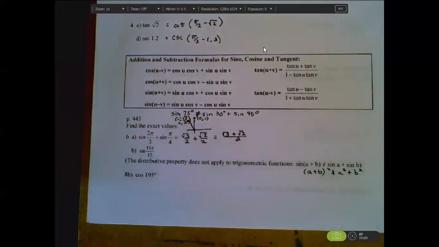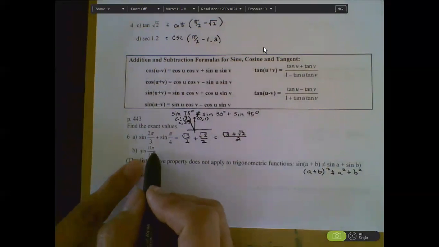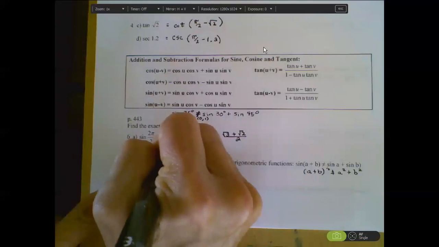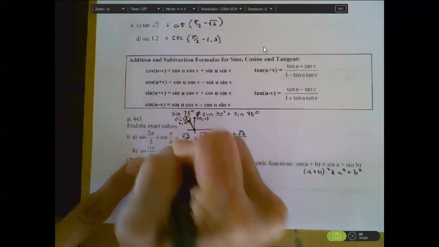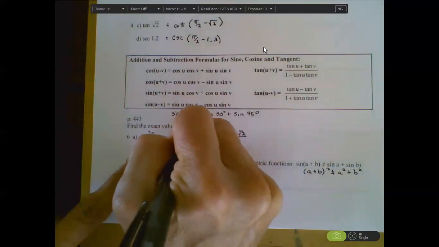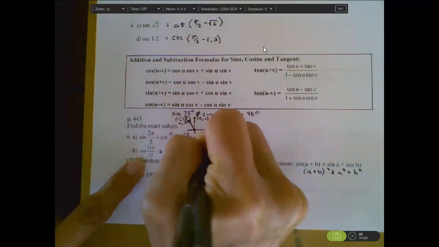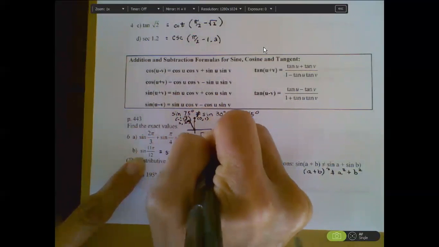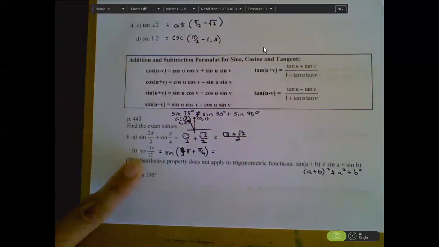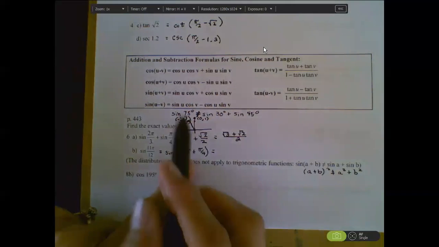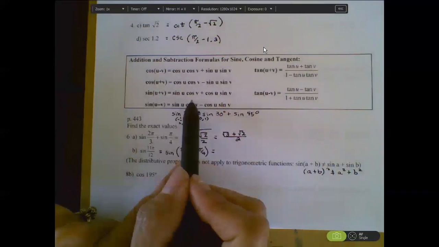You can't distribute functions like you can distribute constants. So to find the sine of 11/12 pi, we do need to know that 11/12 pi is 2/3 pi plus pi over 4. But then we have to use the addition formula for sine.